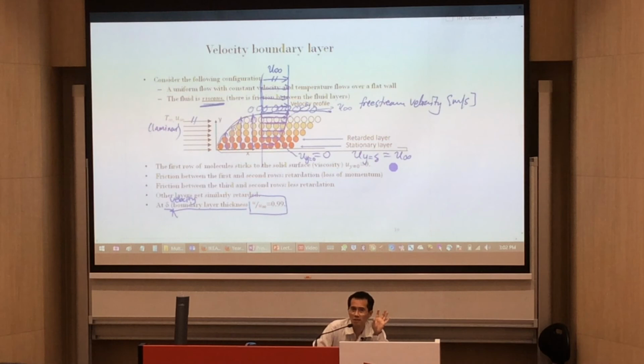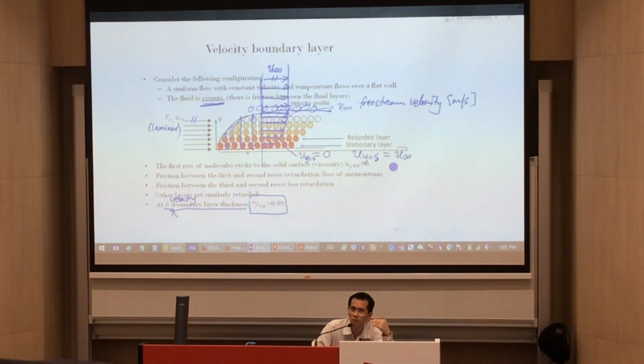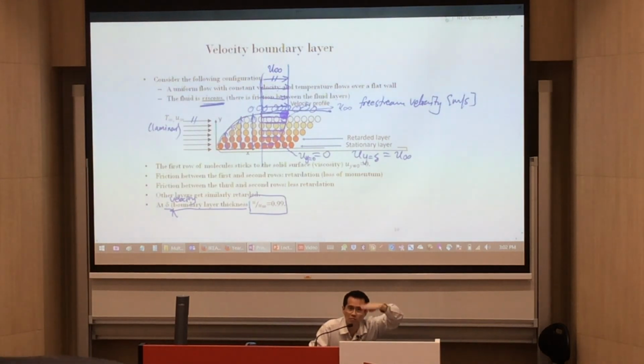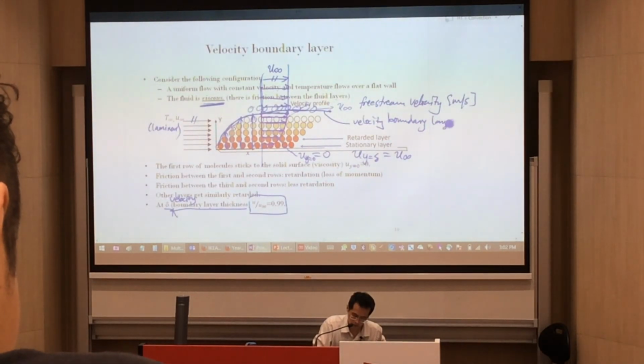So now, if we ask ourselves, where is the point that we consider that the velocity within that boundary layer thickness is equal to free stream velocity, u infinity? Because that's the point that we want to sketch our velocity boundary layer. This line over here is what we call our velocity boundary layer.